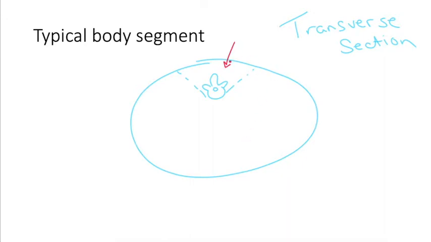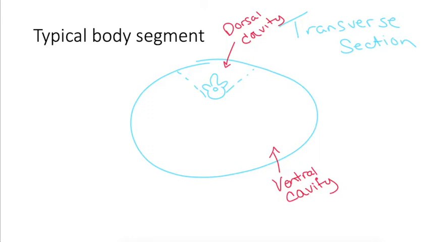This is what we call the dorsal cavity. I think your book calls it the posterior aspect, which is silly because they go ahead and call this front part the ventral cavity. To be consistent, you could call this the anterior and the posterior cavity, but traditionally it's always been called dorsal and ventral.